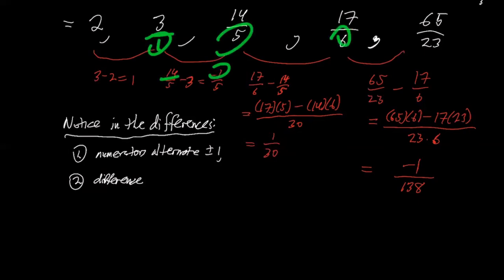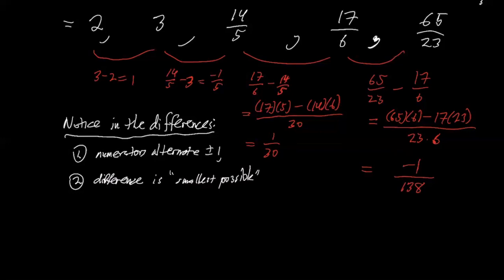Here, denominators 6 and 23, so the difference is going to involve the product, and it's the smallest possible numerator, plus or minus 1. That's sort of interesting. So the difference is the smallest possible for the given denominators, meaning the two denominators.